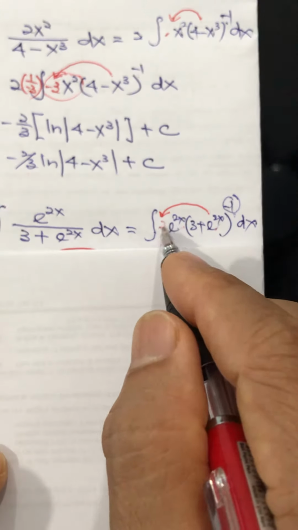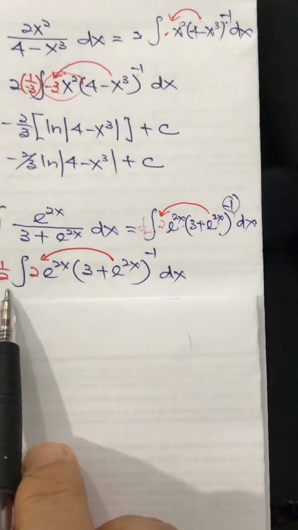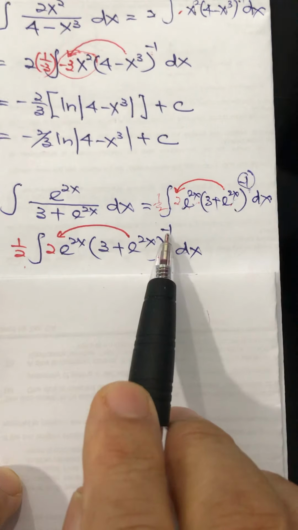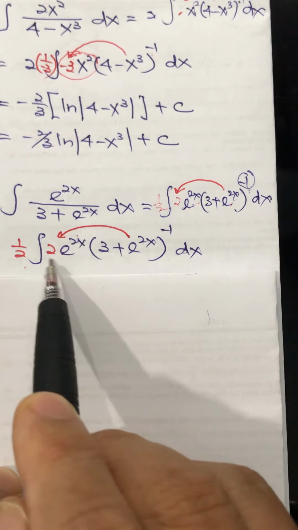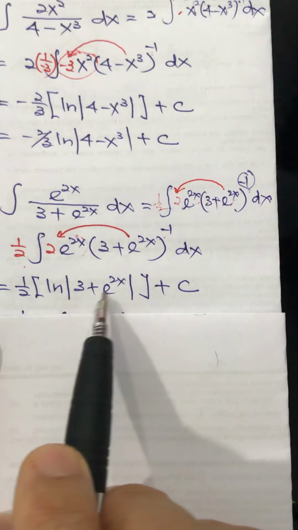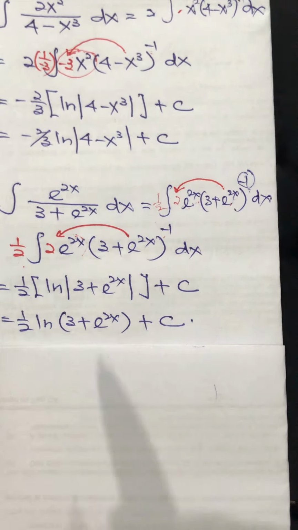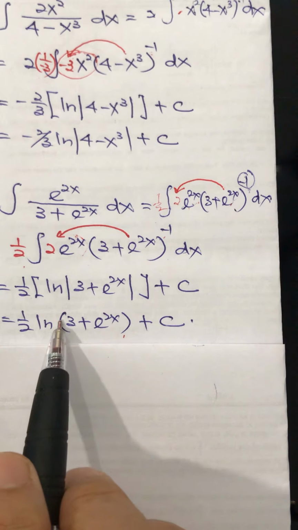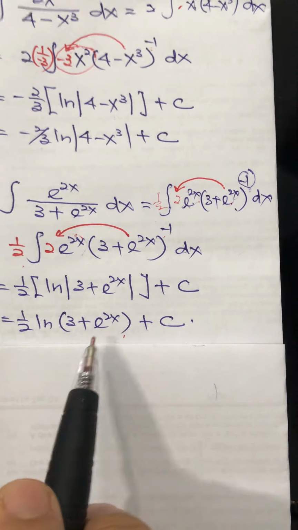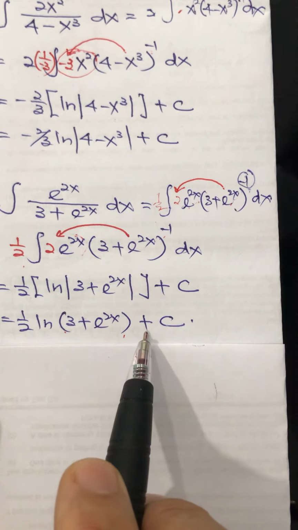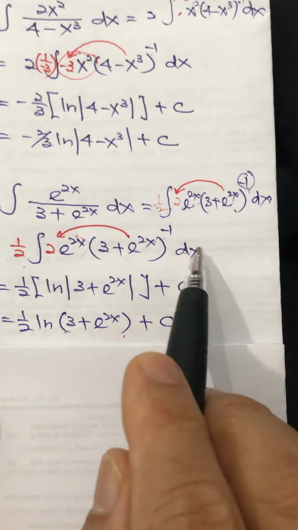That means you must add a 2, divided by 2. This is what you get. Then with the presence of this, now you can change this one into ln. That's why you have half ln of this, and then you get this. Actually here you don't have to use modulus. You can use bracket. Why? Because this is always positive. This is always positive, plus 3 is even more positive. And then plus c is because of the plus 0 here.